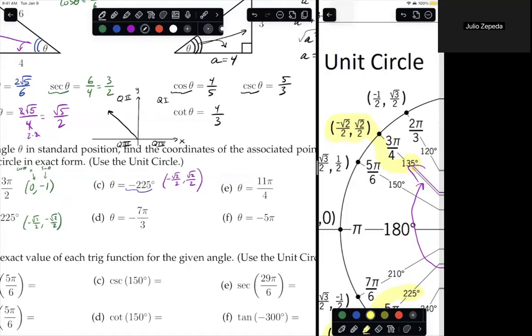And so if we wanted to determine what the x and y values were without using the unit circle, we could say, well, if this is 135 degrees, and if we drop down to the x-axis, that would be the 180-degree angle, then the difference is 45 degrees, right? 180 degrees minus 135 is 45.